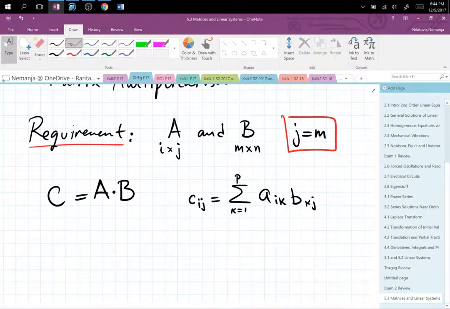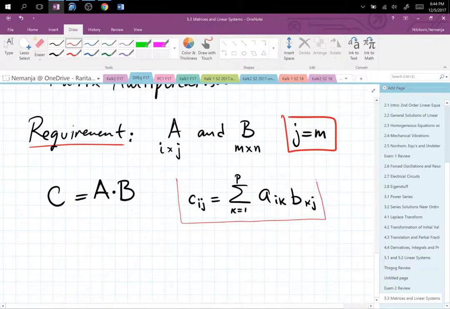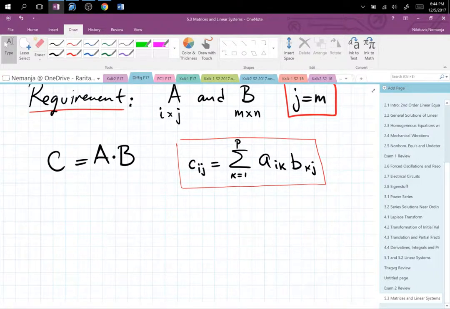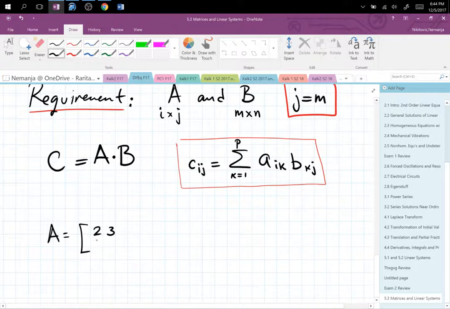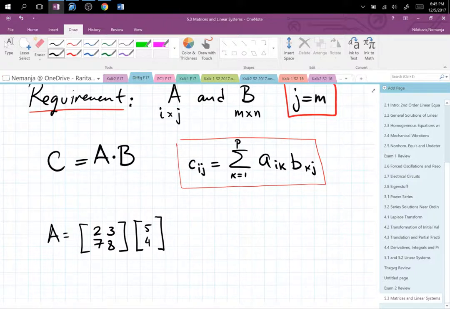Now this is the representation of matrix multiplication in terms of the summation, but it's much easier to understand when you see the procedure and the way it works. So say you have a matrix A which is given as 2, 3, 7, 8, and you are multiplying that by a column vector 5 and 4. Now, guys, remember this motion: go like this and then go like that.